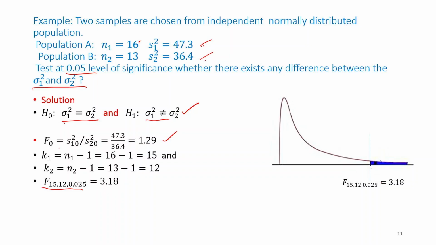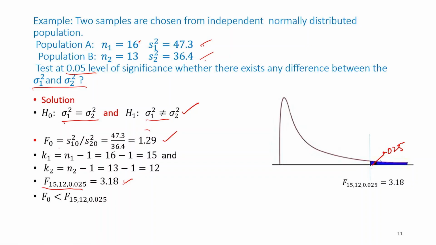This is a two-tailed test. So this side area is 0.025. The other side area will also be 0.025. And at 0.025, we test it and get a value 3.18. So the table value is 3.18.